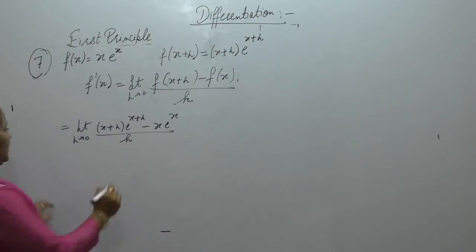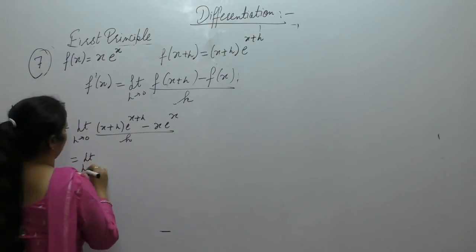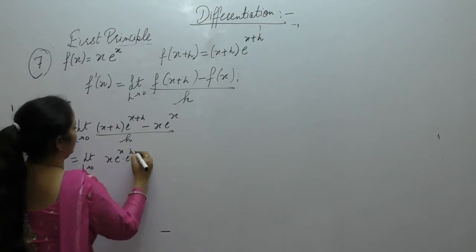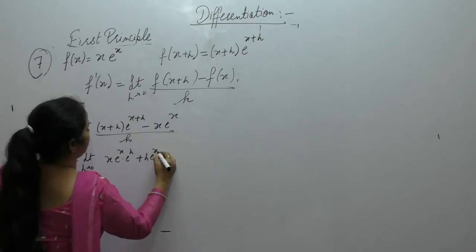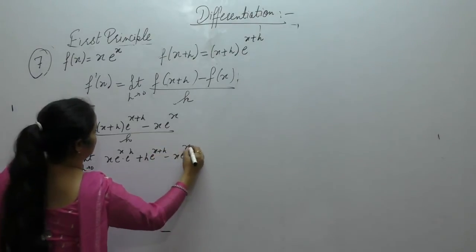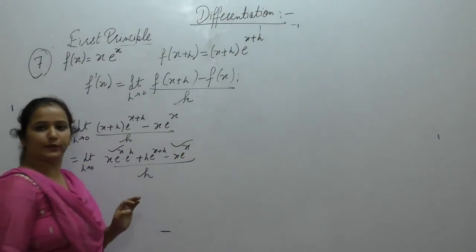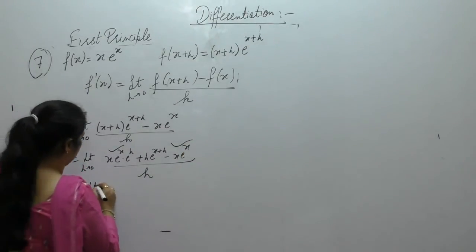Now in the next step we can write it as limit h tends to 0, x into e^x into e^h, plus h into e^(x+h). From these two terms take x into e^x common.